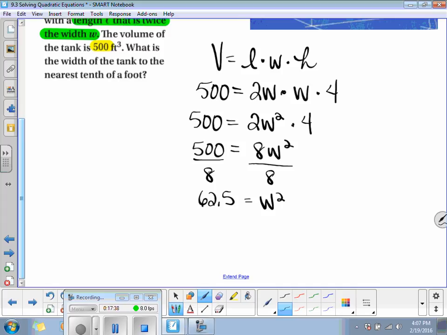62.5. And now we can take the square root on both sides, sorry. And we end up with W is equal to 7.9056 something, something, something.